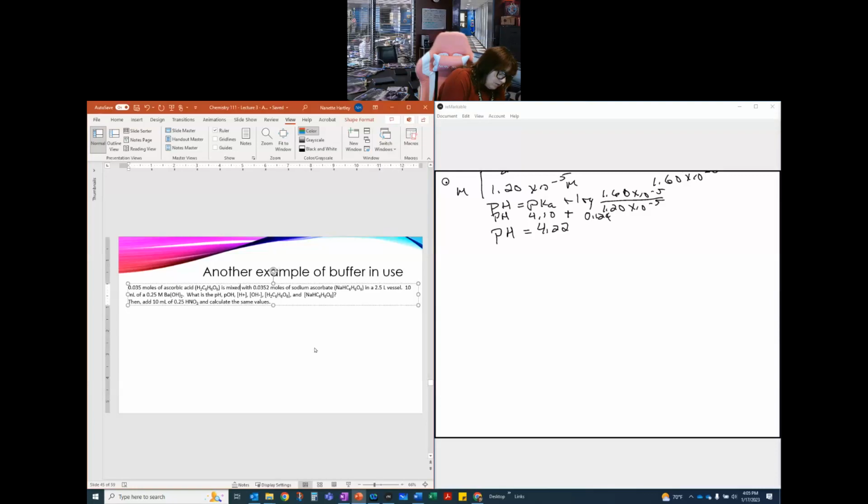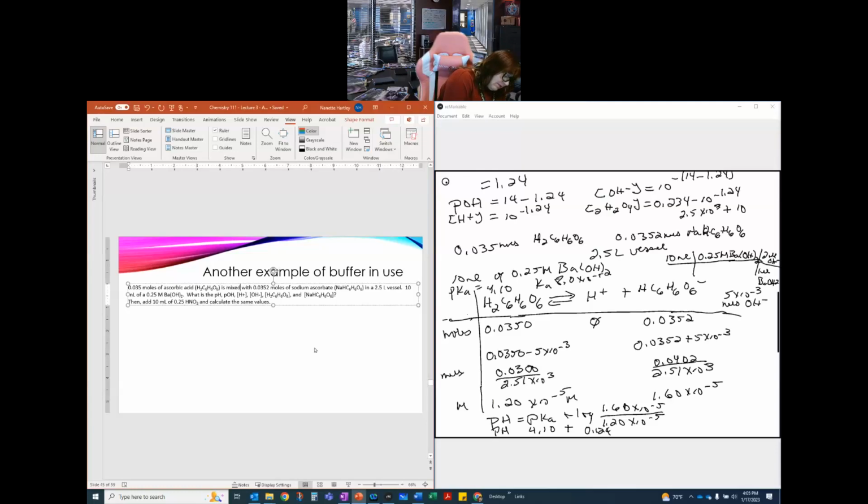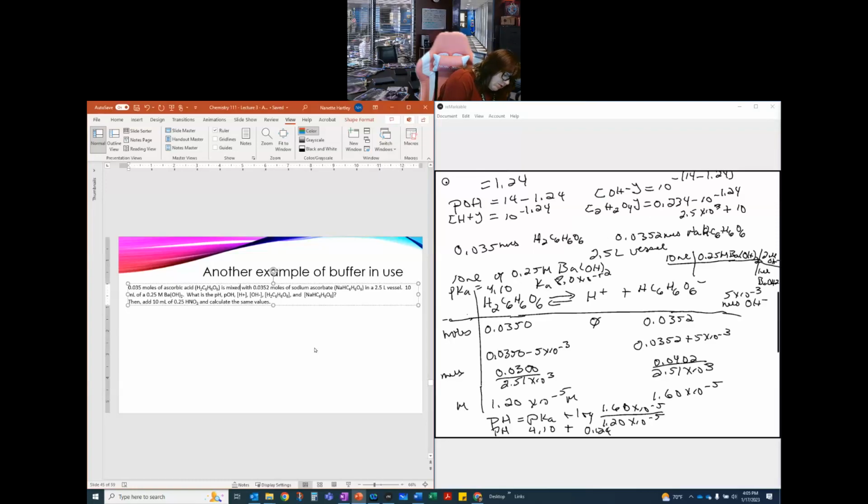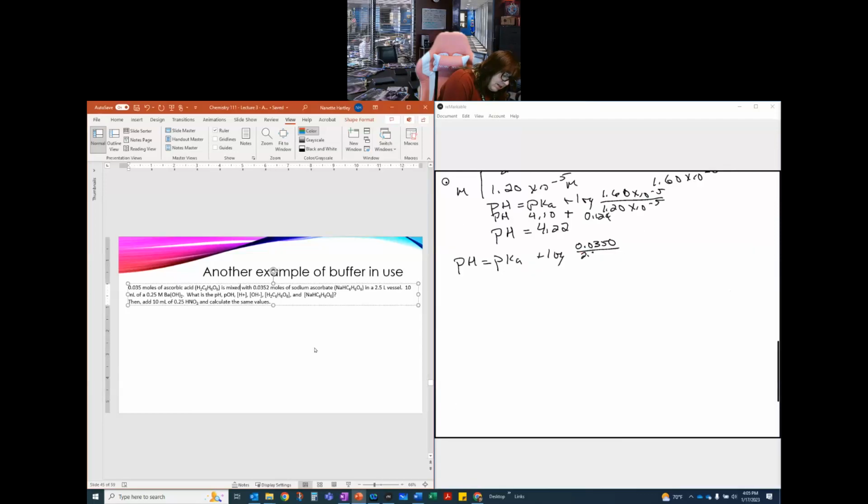And so what's going to happen when we do that is that the pH is going to be equal to the pKa plus the log of 0.350 over, and rather than 2.51, it's going to be 2.52 times 10 to the minus third, divided by 0.0352 times 2.52 times 10 to the minus third.